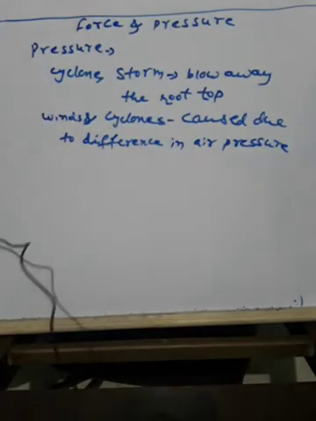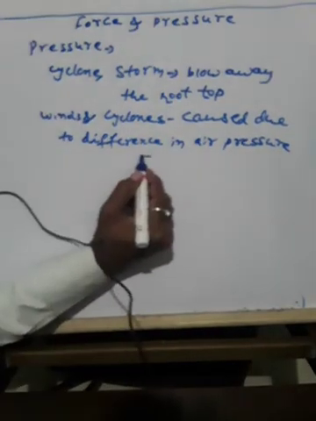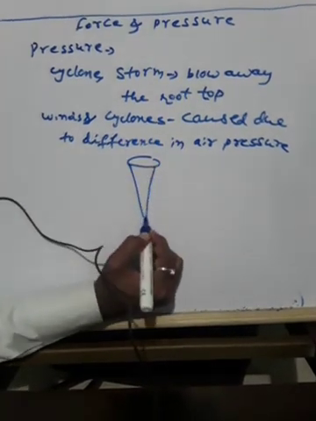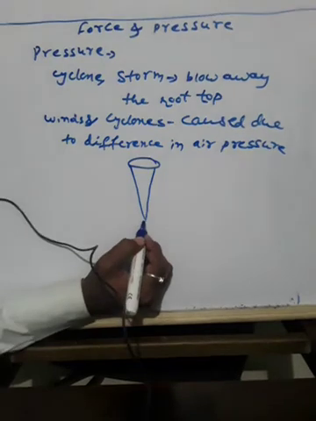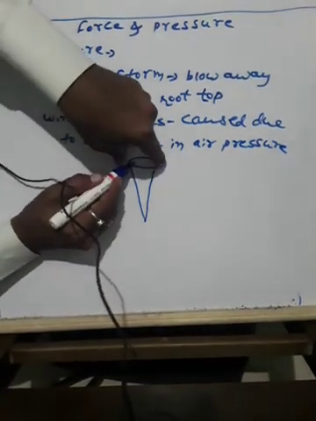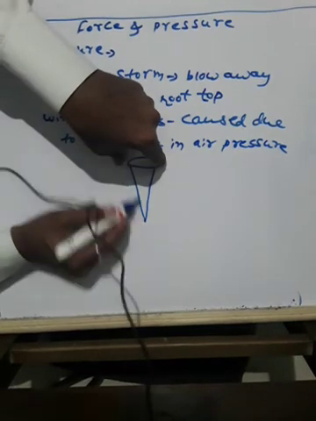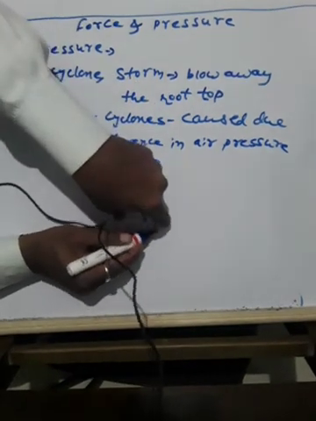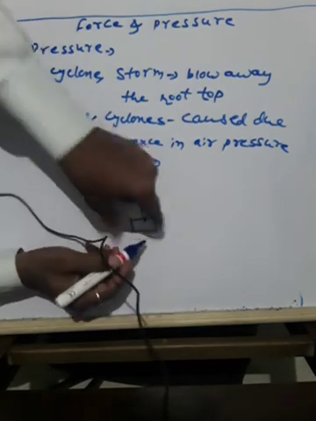Okay. Now that's what I told. If this is a nail, this is a sharp end, this is a blunt end, when you take a hammer and beat over here, all the force is concentrated only on this part. That's why it will go easily into the wooden plank.